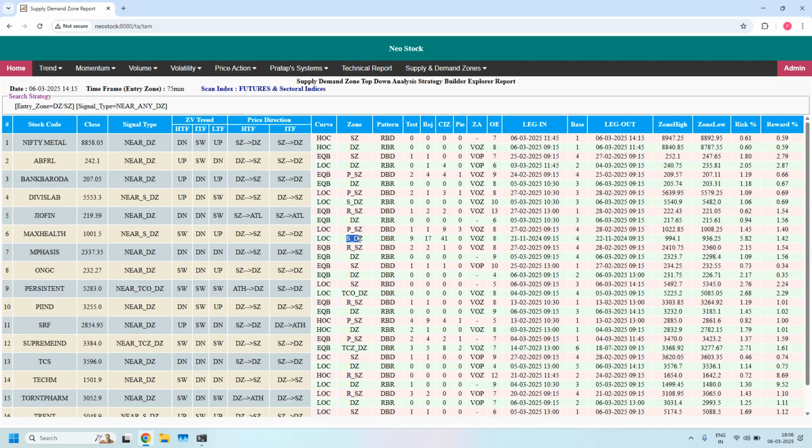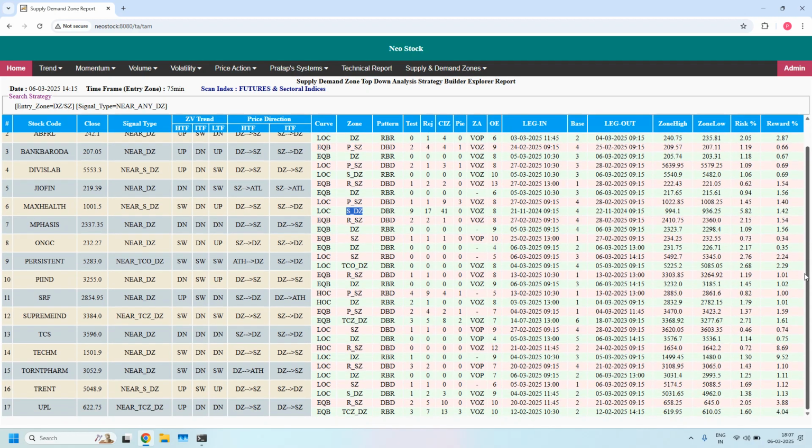Max Health is having a high liquidity 75 minutes demand zone. And Trent is having a high liquidity 75 minutes demand zone. That means we identified 3 high liquidity 75 minutes demand zones from this list.